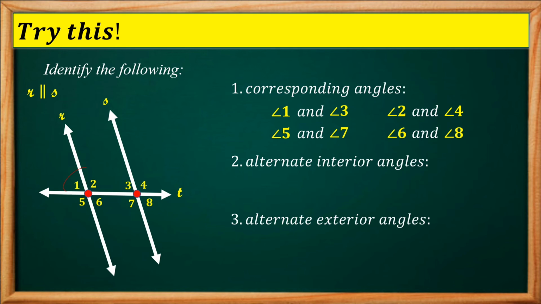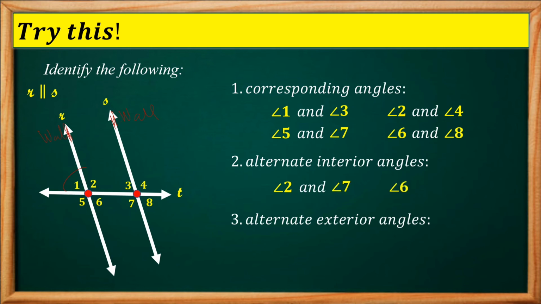Don't get confused. Always remember that when lines are cut by a transversal, let's think of these lines as what we call walls. That means they separate the interior and exterior angles. For the alternate exterior angles, if we have angle 2, the alternate is angle 7.